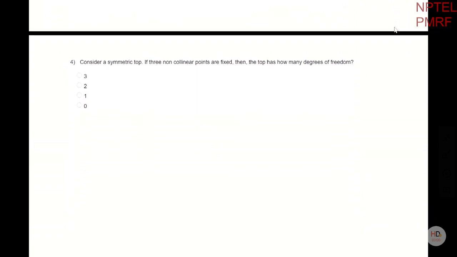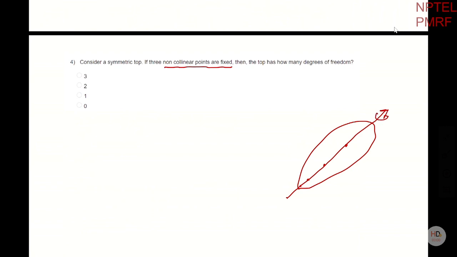The fourth one is, consider a symmetric top. 3 non-collinear points are fixed. Then how many degrees of freedom does it have? Okay, so let's think about it. Suppose we had 3 collinear points fixed. So now, like the previous case, the axis is fixed and it has this degree of freedom. But now the points are not collinear. So let's say this was fixed, and the third one was this.